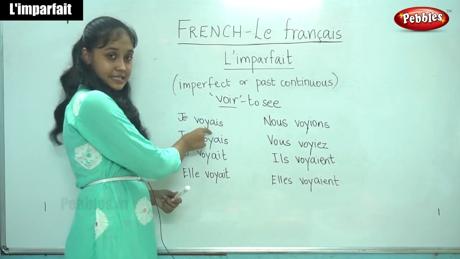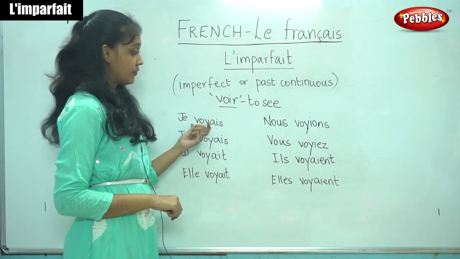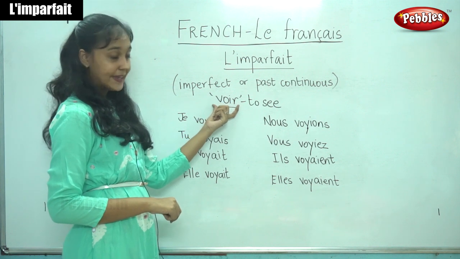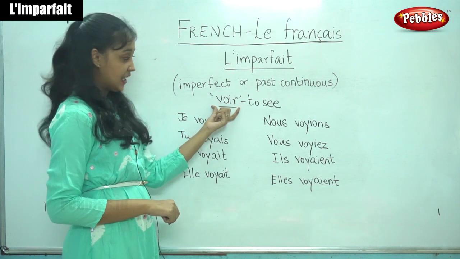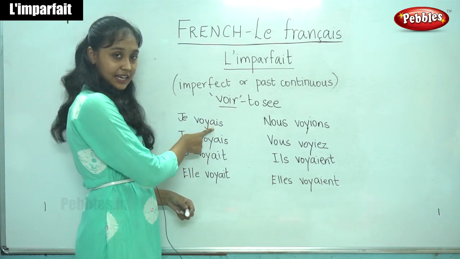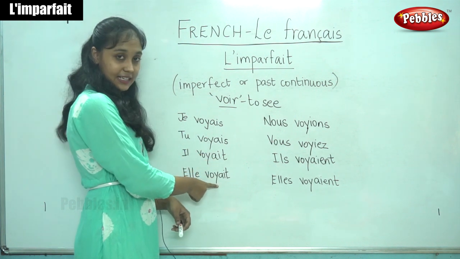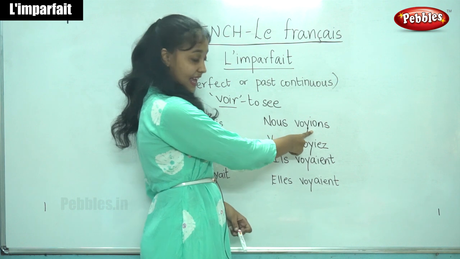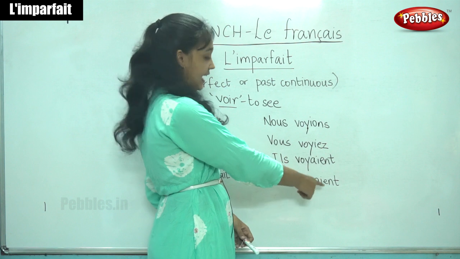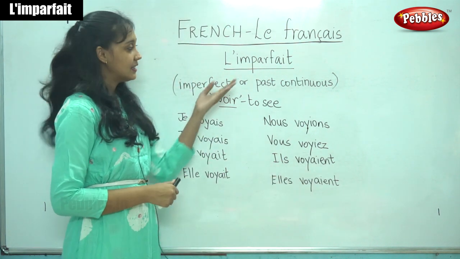We write the stem followed by the endings, and the stem we find by writing the nous conjugation for the given verb in the present tense, and then we remove ONS and add the endings AIS, AIS, AIT, AIT, IONS, IEZ, AIENT, AIENT. So I hope you have understood how we write the imperfect.